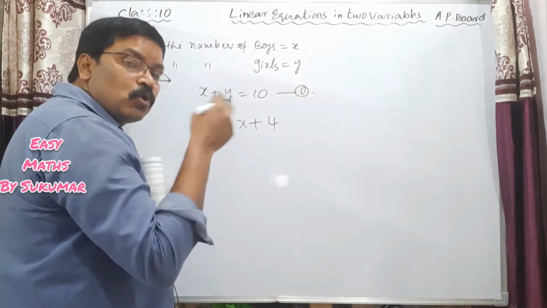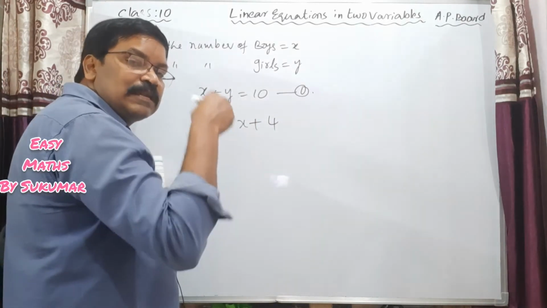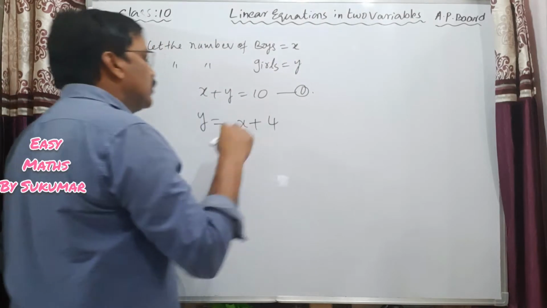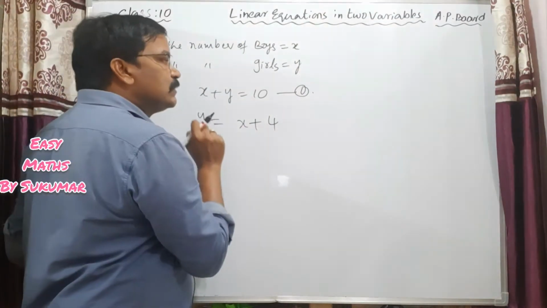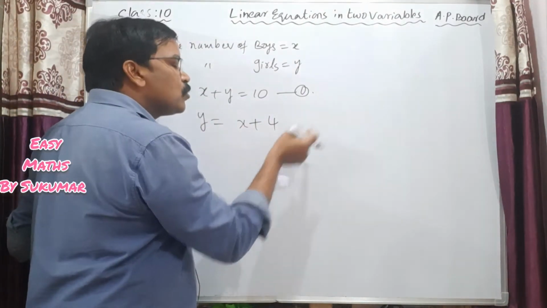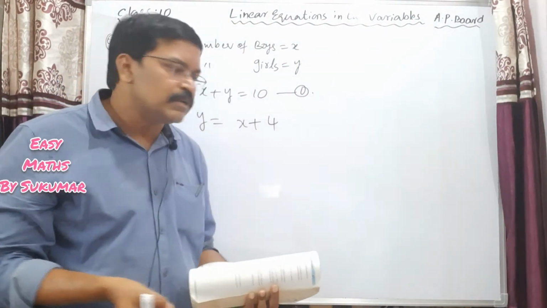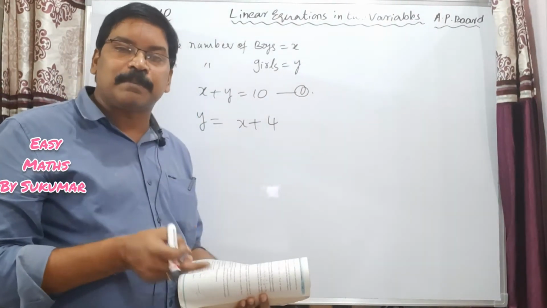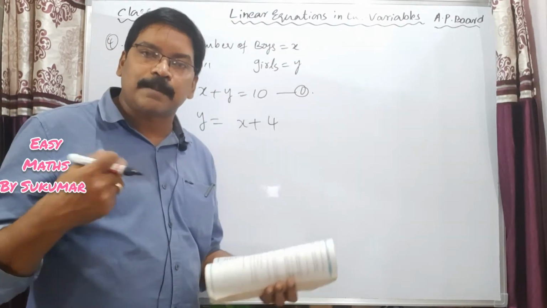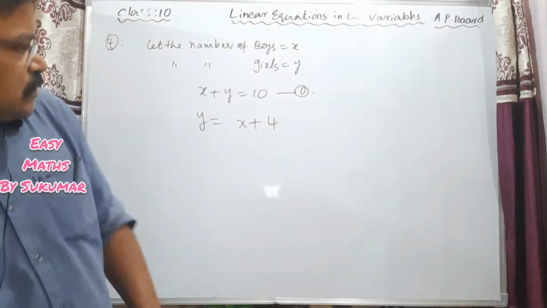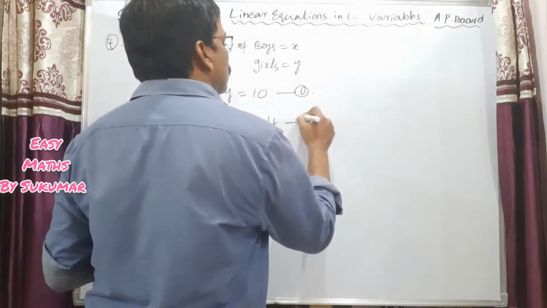Again I am repeating, more means just use plus, less means minus. So the number of girls participated 4 more than the number of boys. So y is equal to x plus 4.